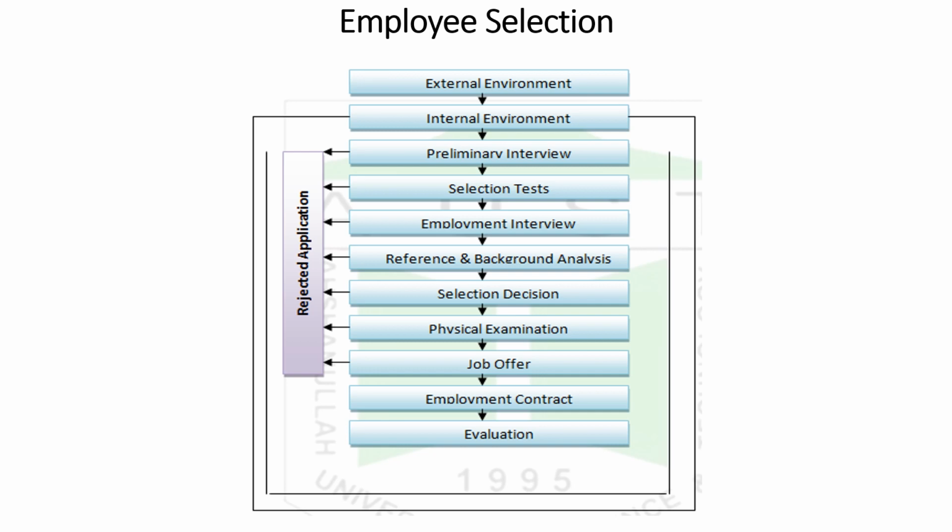Internal factors can be the budget that the organization has in hand to conduct the whole selection process. Then the technological support that the organization has for conducting the selection process, because many organizations are conducting the selection process through telephone, through video conferencing.